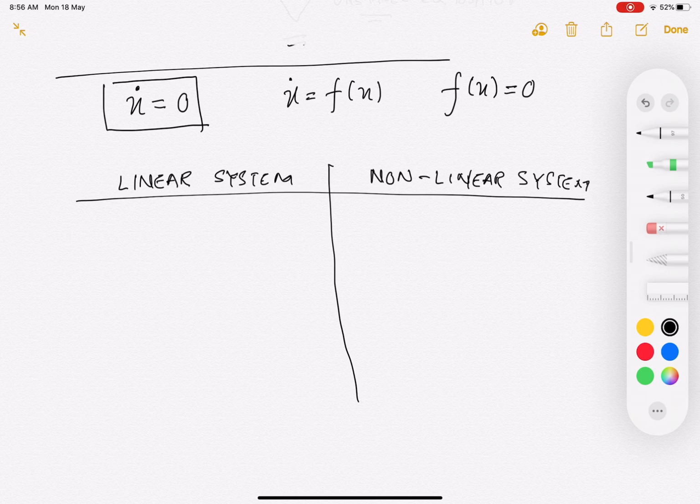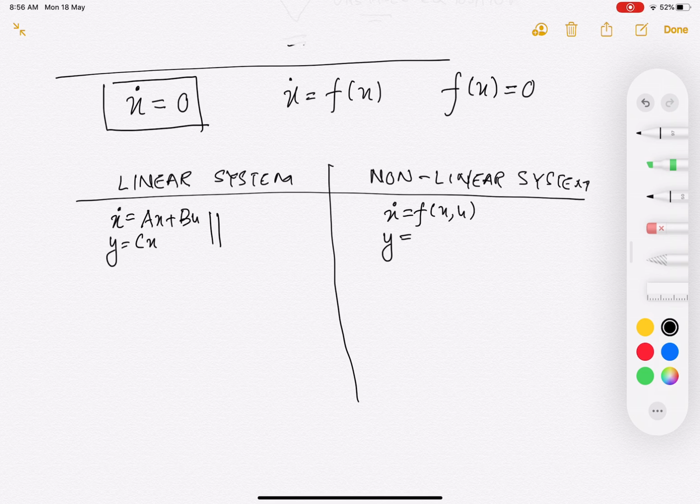So you have seen one big definition, that is, in case of a linear time invariant system, you'll write x dot is equal to Ax plus Bu, y is equal to Cx. But for a nonlinear system, this equation would change. It's going to become x dot is equal to f(x, u), and y can be a function, again a nonlinear function of x.